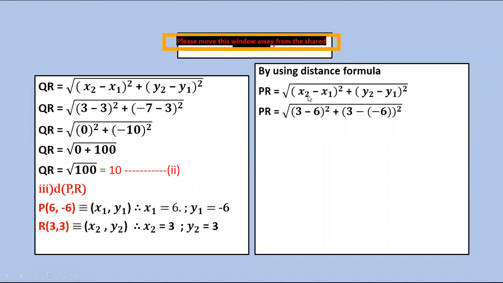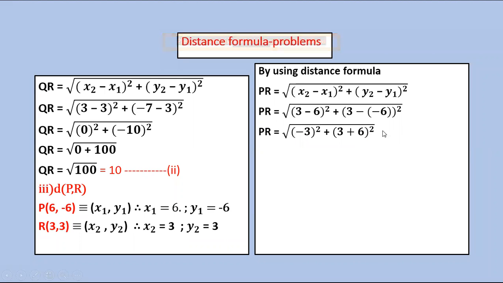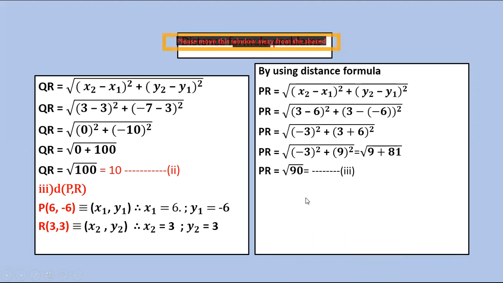PR is equal to square root of (3 minus 6) squared plus (3 minus (-6)) squared. PR is equal to square root of (-3) squared plus (3 plus 6) squared. (-3) squared is 9, 9 squared is 81, 81 plus 9. PR is equal to square root of 90, equation number 3.